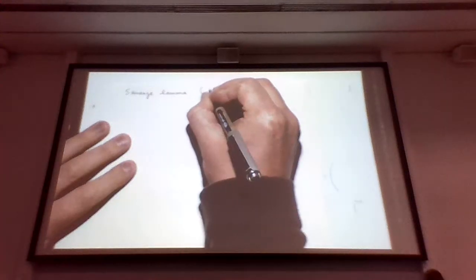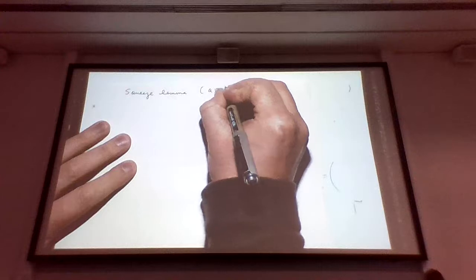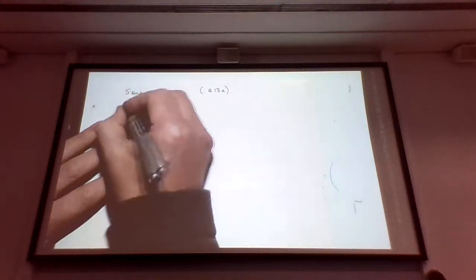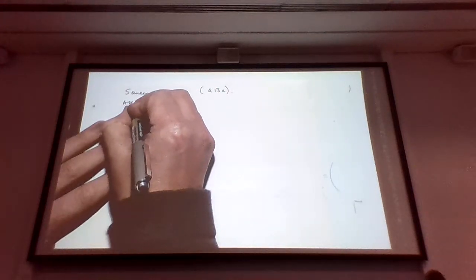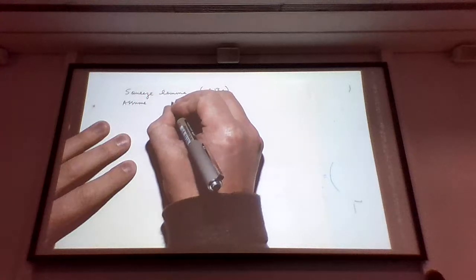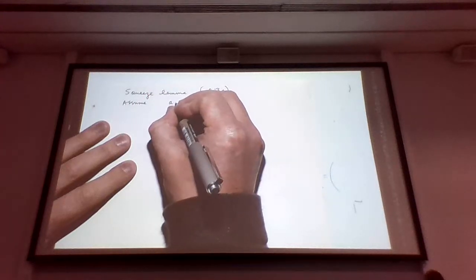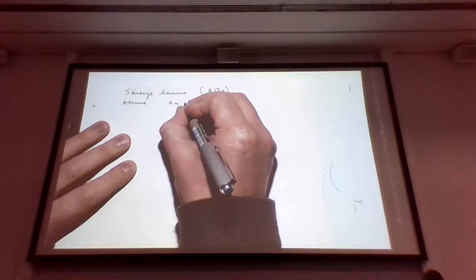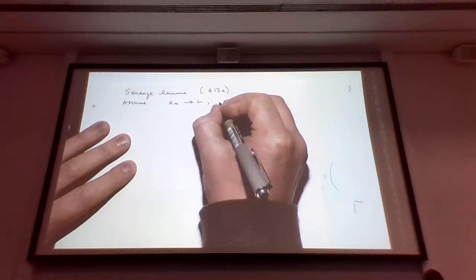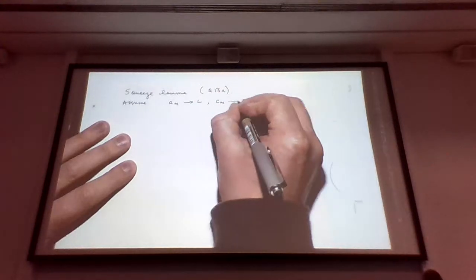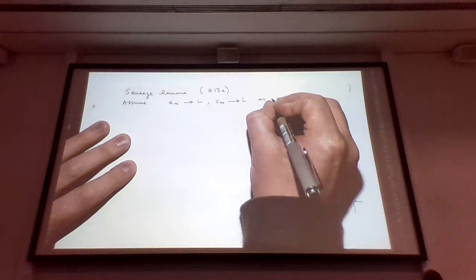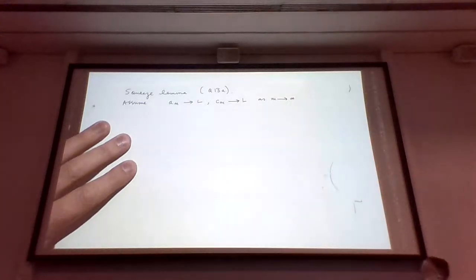This is question 13a. We added it in last time. So we assume we have sequences An, which is converging to L, and Cn, which is converging to L as well, as n goes to infinity.